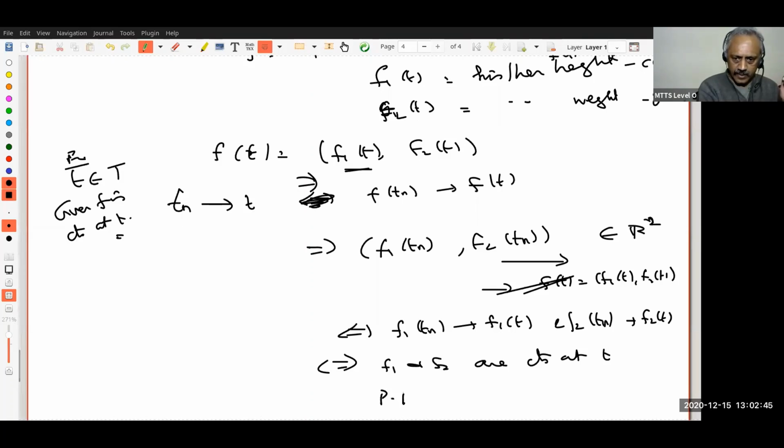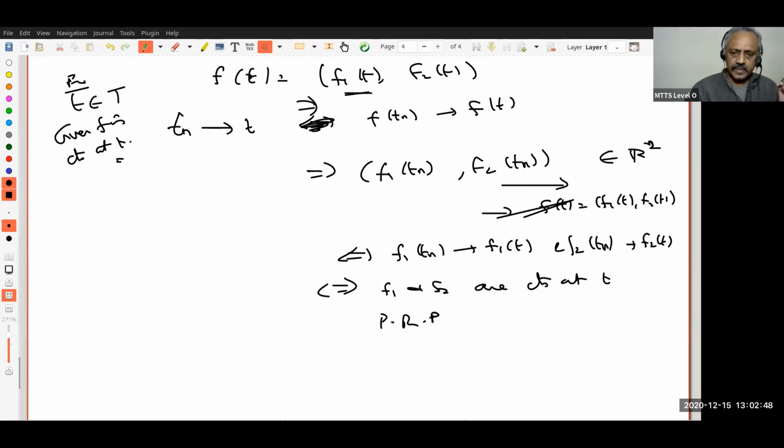Okay, pause, review, proceed. I have written if and only if very loosely, but if you want, let us just say only this way implication. So f is continuous at t. Let Tn converge to t. Therefore, f of Tn converges to f of t. Therefore, by working through, we found f1 of Tn converges to f1 of t, etc. That shows f1 is continuous at t, etc. Right? Okay.